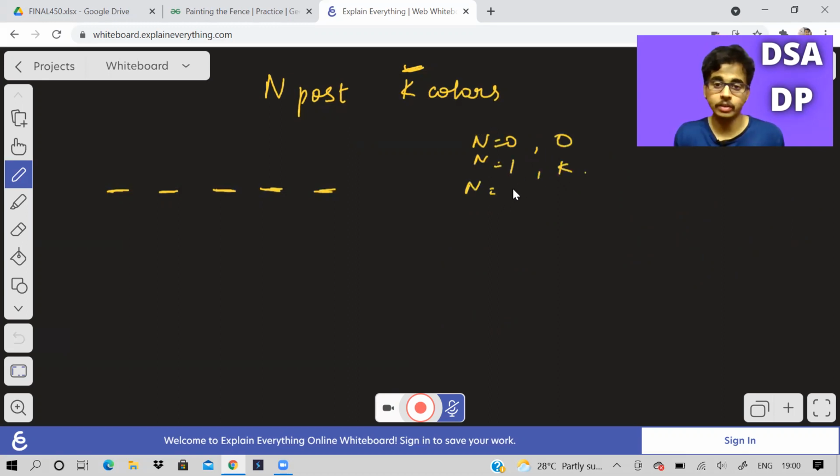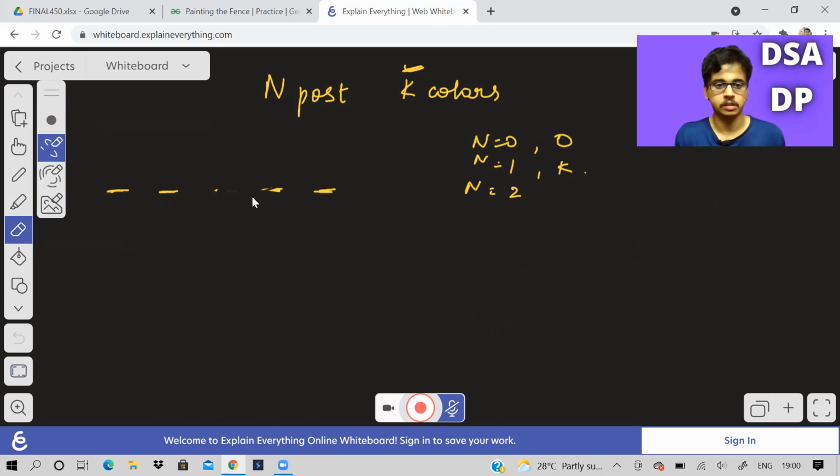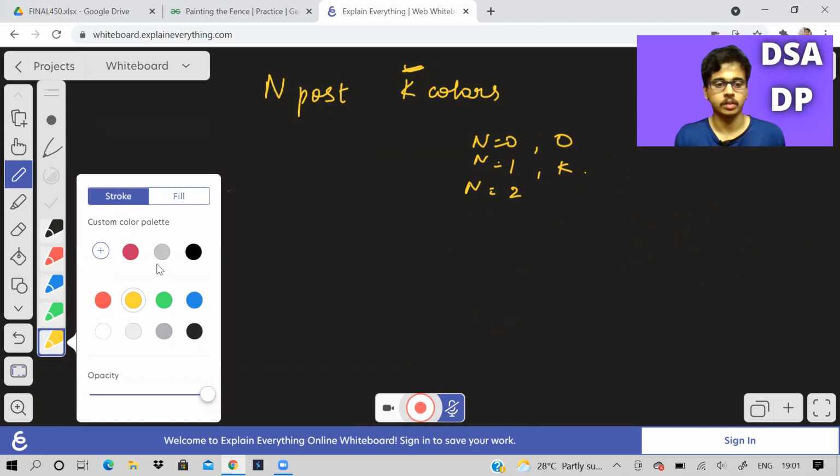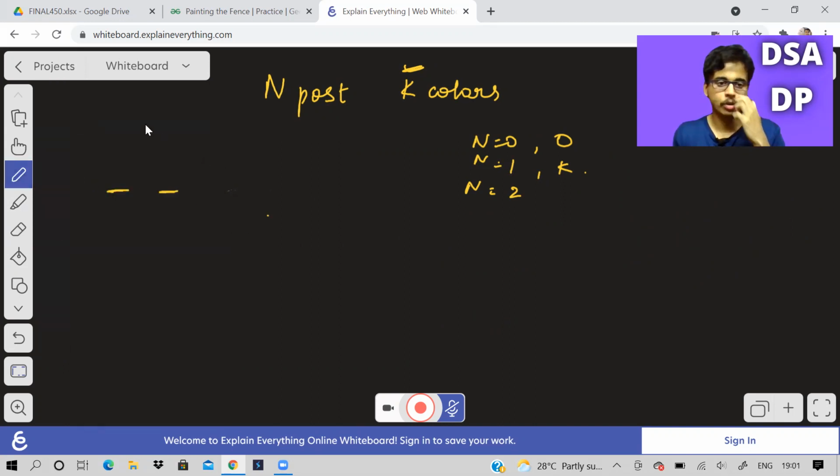Now what about n equal to 2? Let us see for n equal to 2. Suppose n is equal to 2 and let us say k is equal to 3.